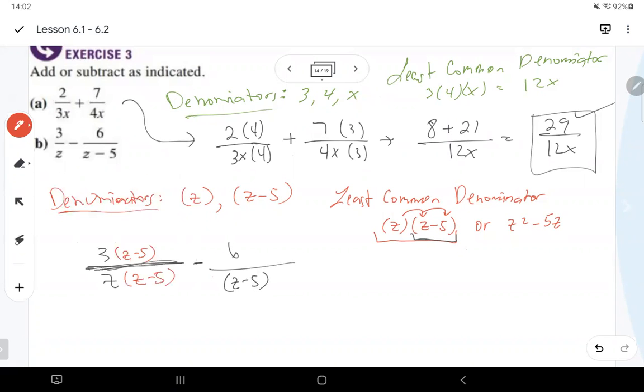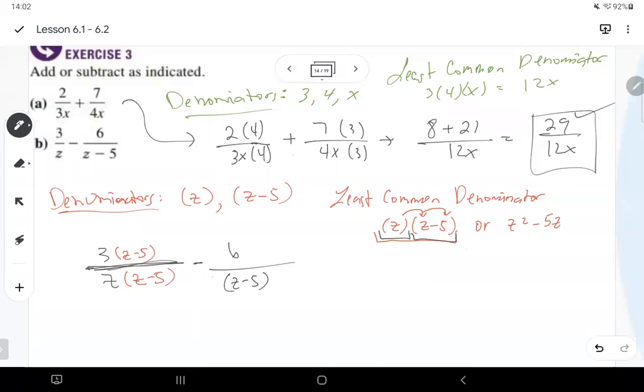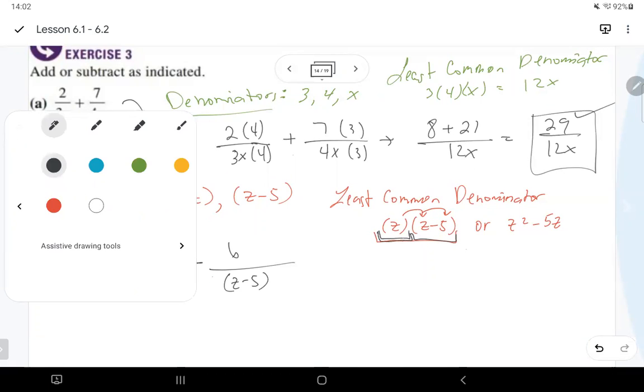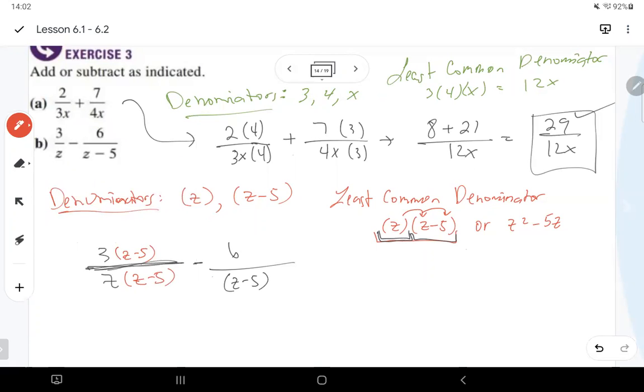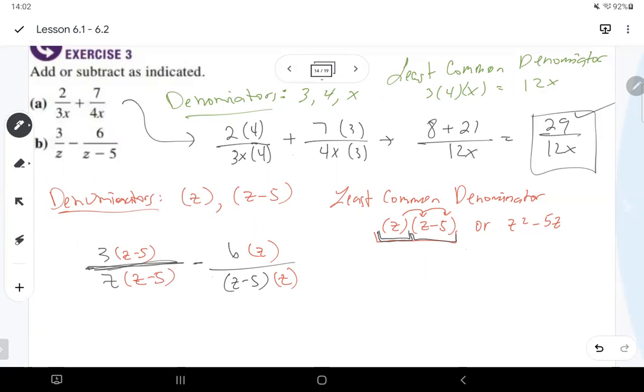Now, for the next one, we're missing a z. So if we multiply it on the bottom, we have to also multiply it on the top.